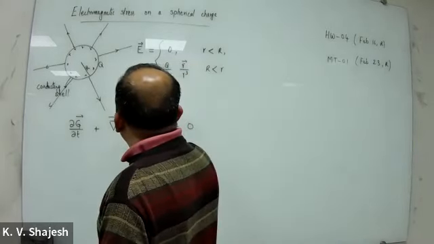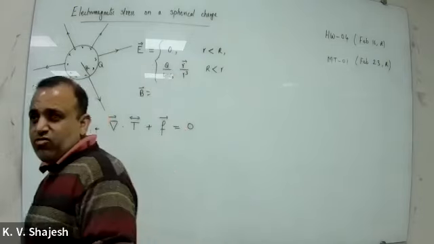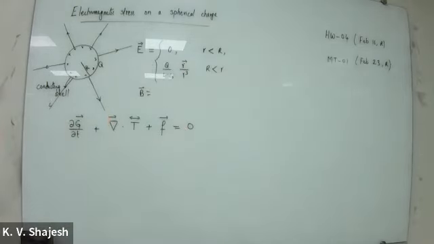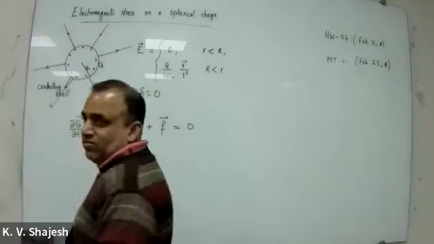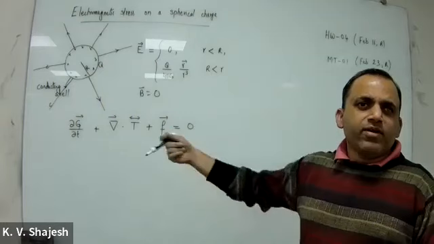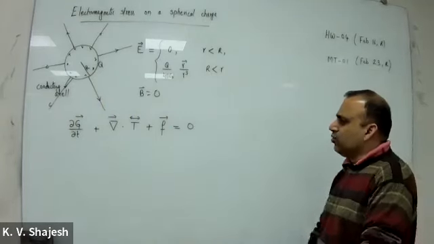What is the magnetic field associated with this? For a spherical charge distribution, the magnetic field is 0, right? Unless you start moving this charge, at least for an observer for whom this is at rest, that's equal to 0.